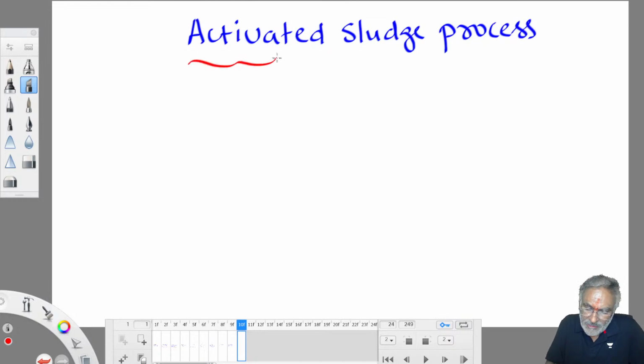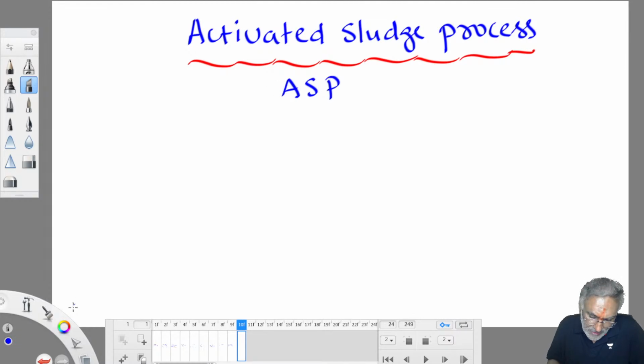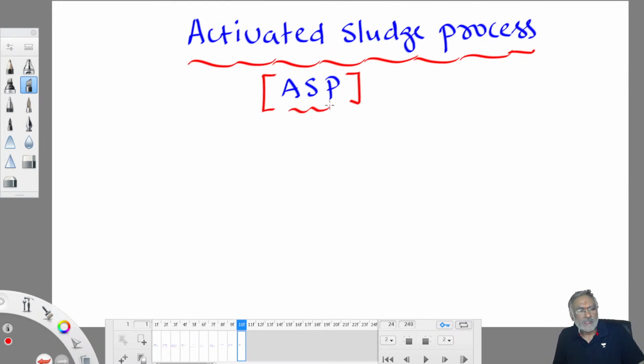In short, we write it as ASP. In exam also they will give ASP. ASP stands for activated sludge process. Clear now?